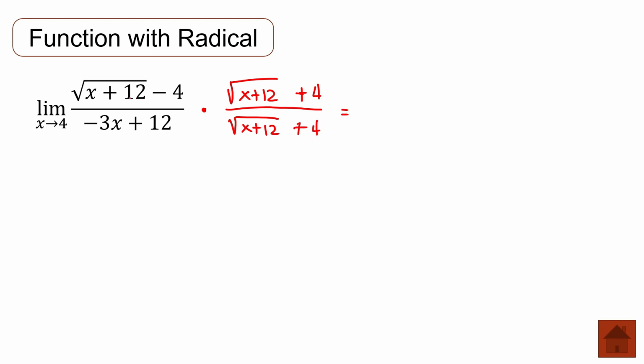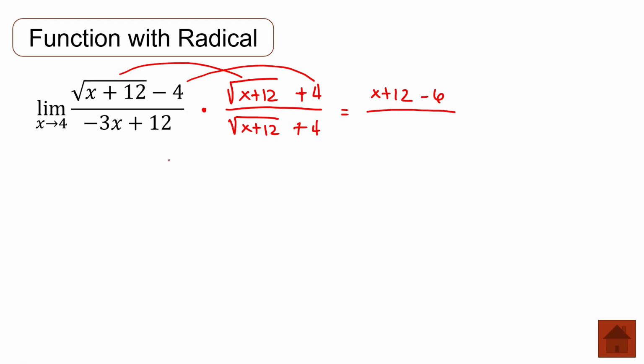So if we multiply the numerator, we simply multiply the first terms and then the last terms. So square root of x plus 12 times that will be equal to x plus 12. And then negative 4 times positive 4 is negative 16.